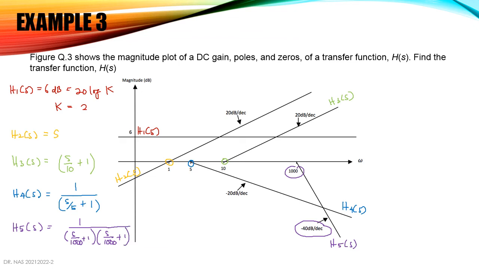So if you are aware, if you have one pole, the line will have a negative slope of negative 20 dB per decade. So when you have negative 40 dB, meaning that you have 2 times the negative 20 dB slope. So that's why H5(s) equal to 1 over (s over 1000 plus 1) squared.